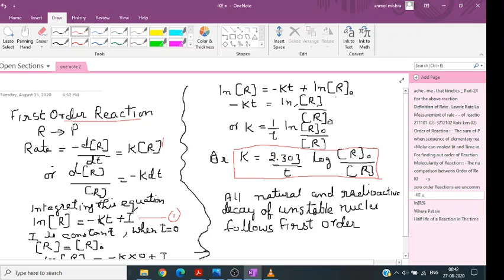All natural and radioactive decay of unstable nuclei follow first order reaction.